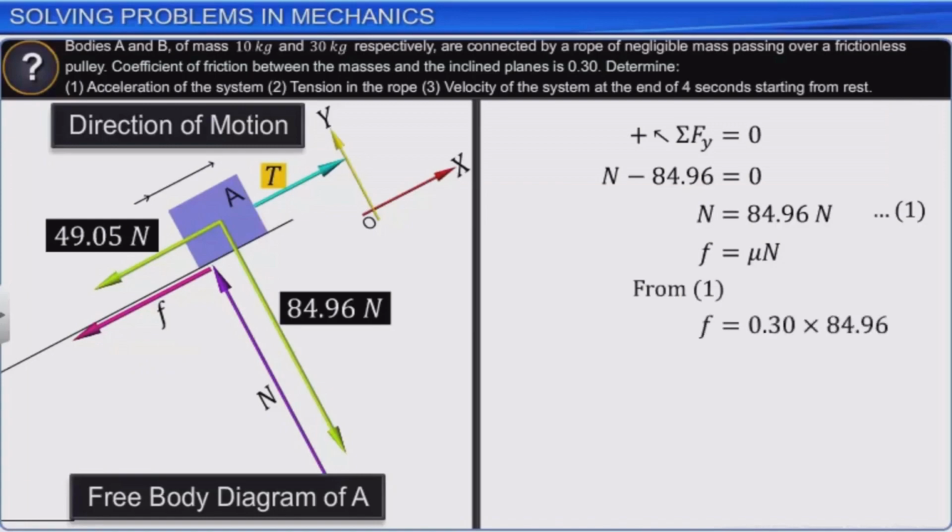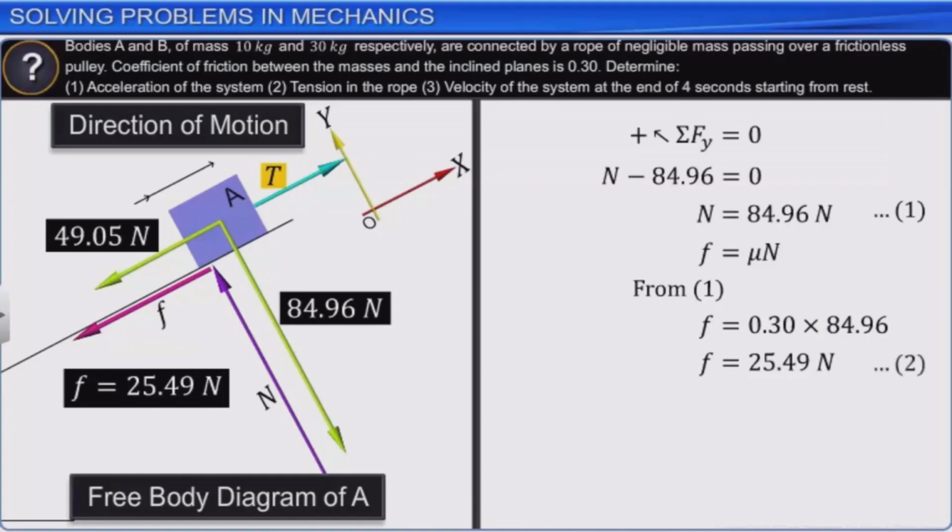Let this be equation 2. As A is moving up the plane, we take the inclined plane's upward direction as positive. Using Newton's second law of motion, the net force along x direction is the product of the mass of the body A and its acceleration.